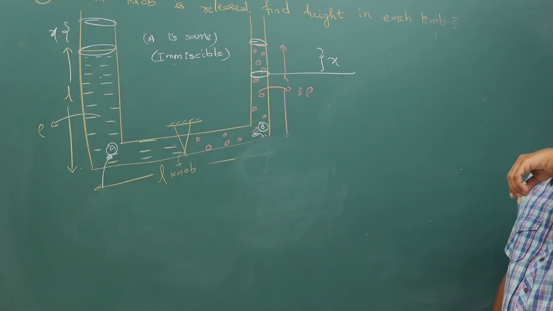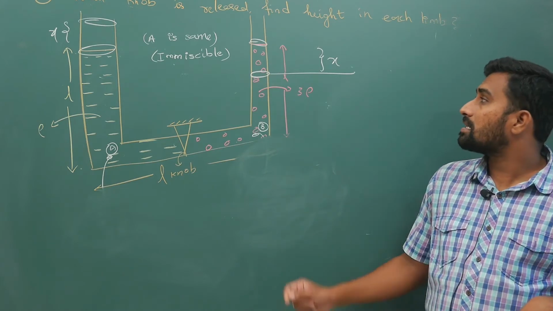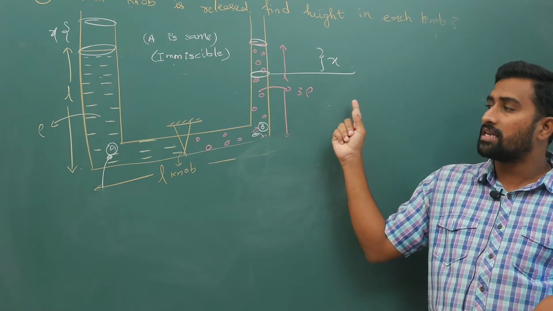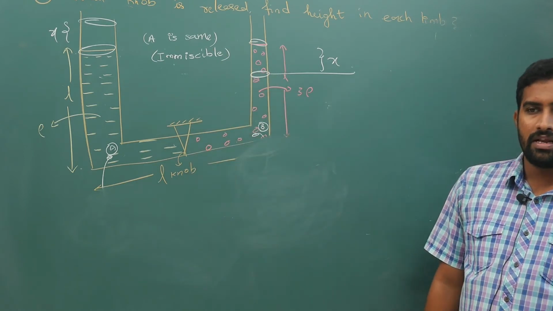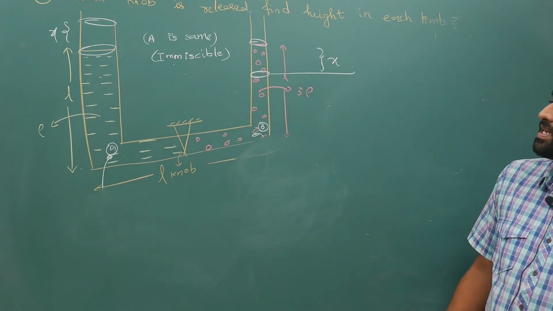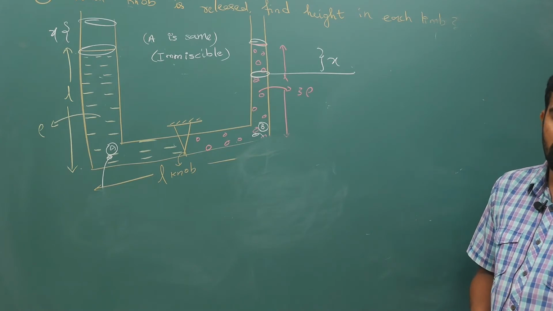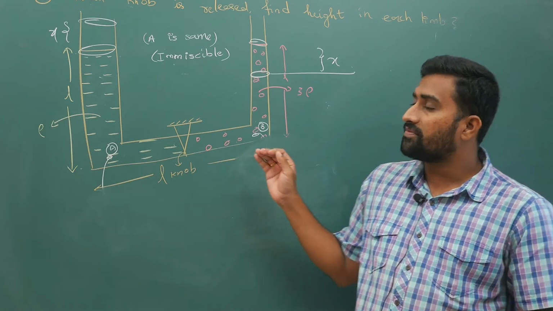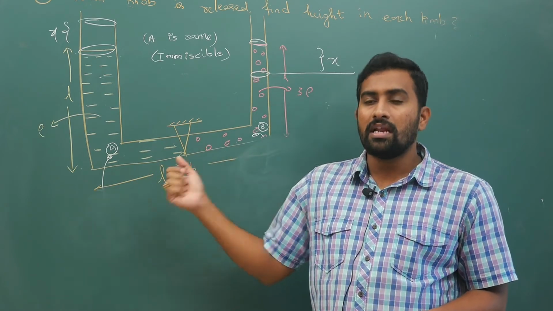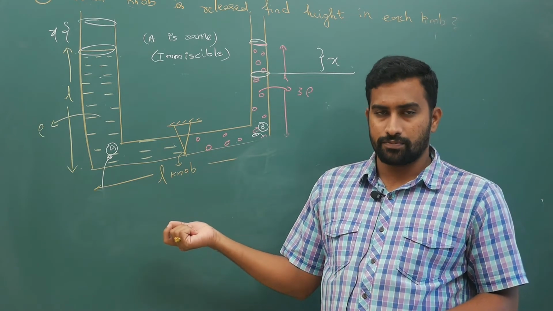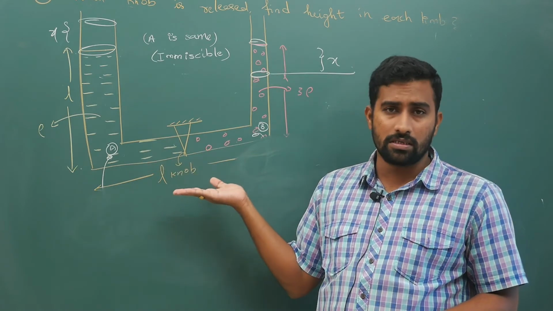Right? So this side limb's height is L minus x, and that side's height is L plus x, left limb. Now our next step is calculation of x. Because of the pressure difference, liquid will flow from right to left, till the pressure becomes the same at the same horizontal level.